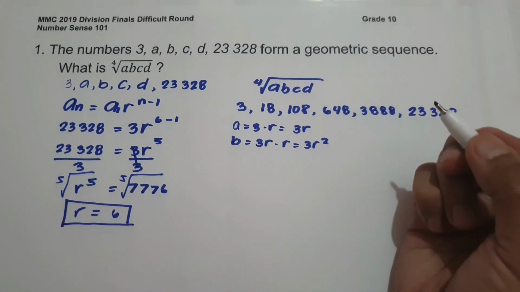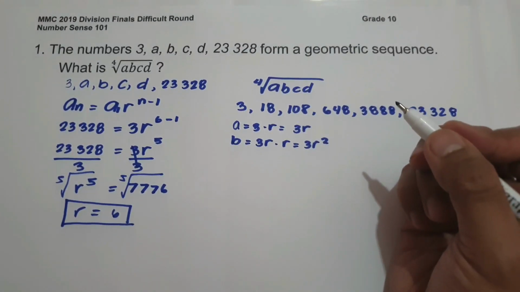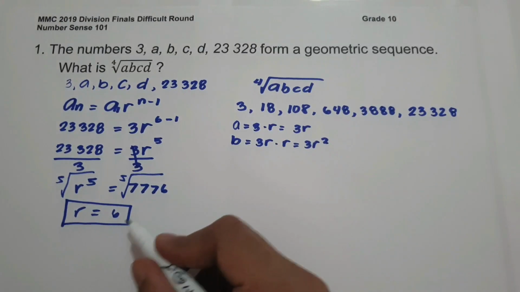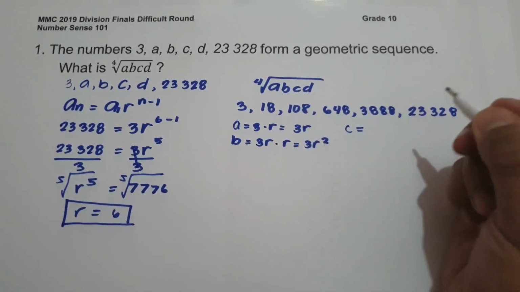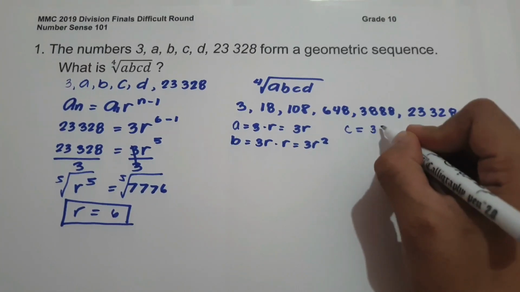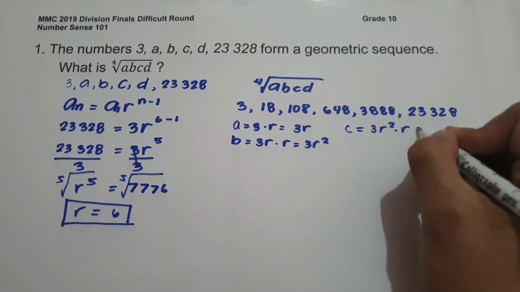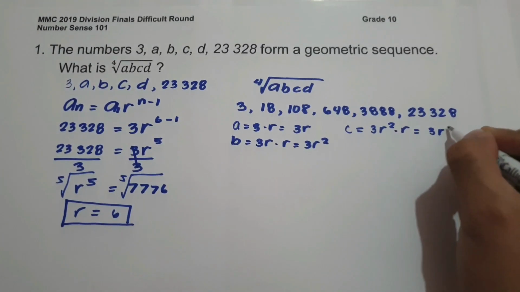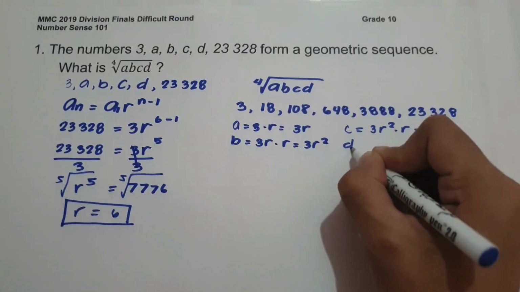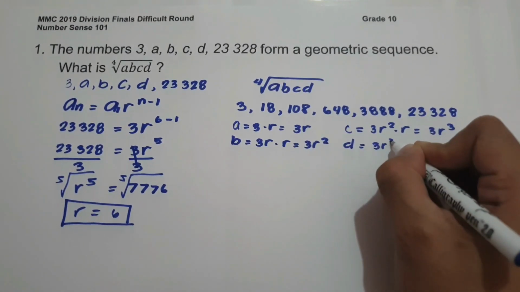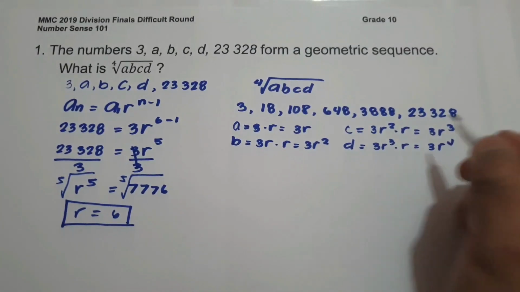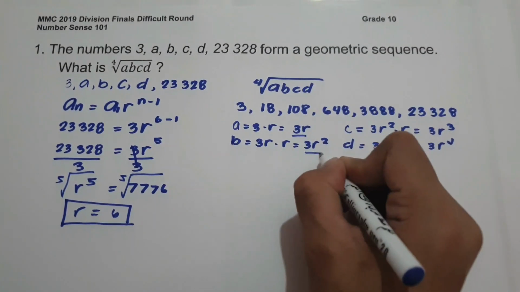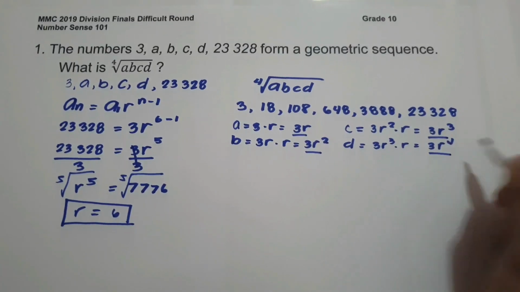By the way, to find the next term in a geometric sequence, we simply multiply the common ratio to the last term. So C is 3r squared times r, that is 3r cubed, and D is 3r cubed times r, that is 3r raised to 4. So these are the values of A, B, C, and D.